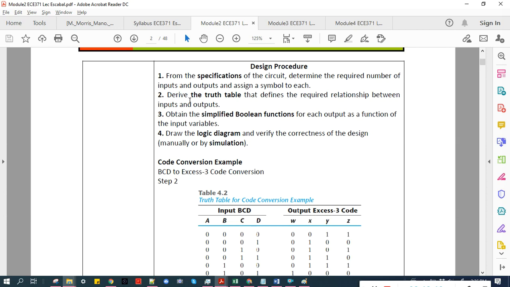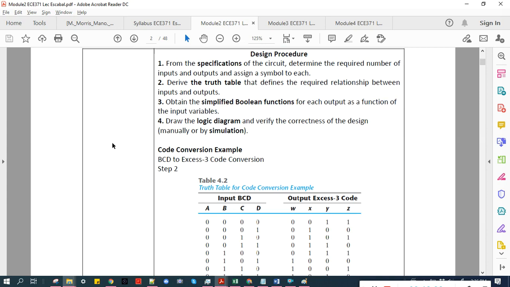Number two, derive the truth table that defines the required relationship between inputs and outputs. Third, obtain the simplified Boolean functions for each output as a function of the input variables. Number four, draw the logic diagram and verify the correctness of the design, manually or by simulation.